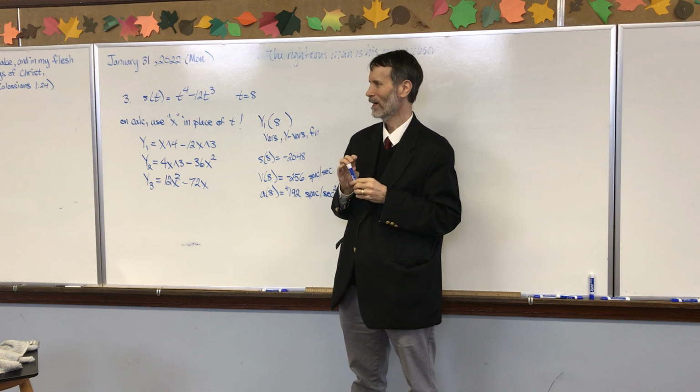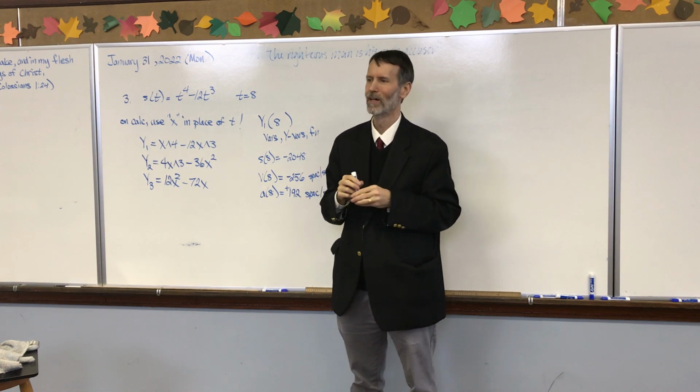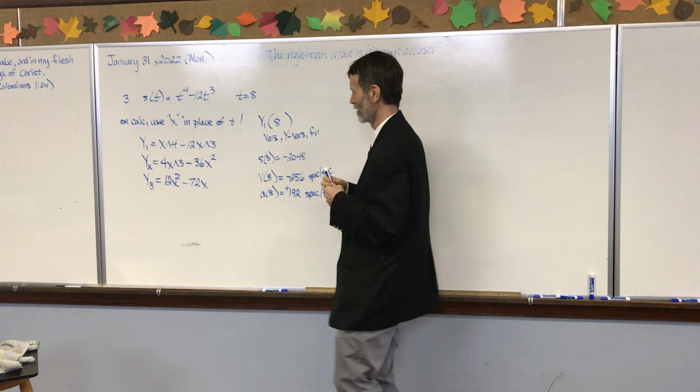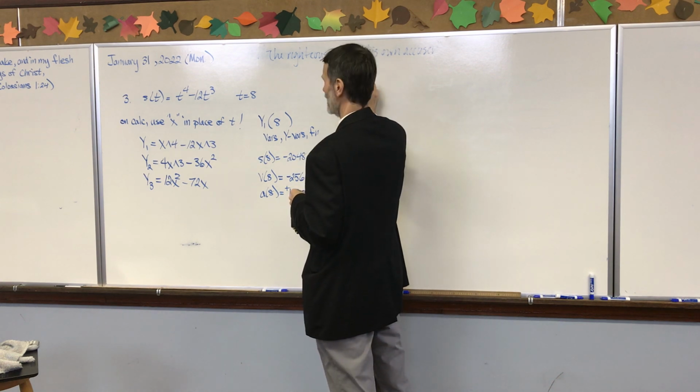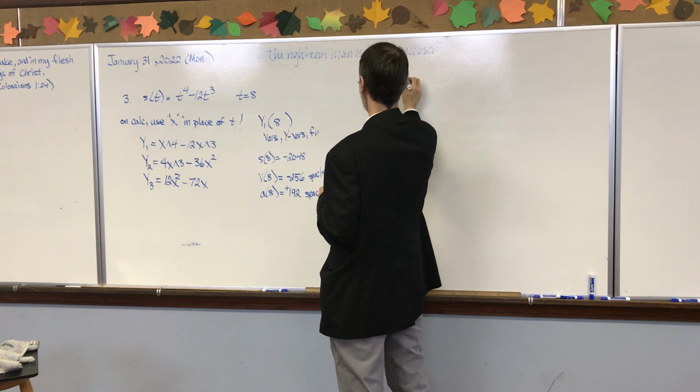How do you find where the first derivative, where the slope is 0? What do you do physically? Here are your formulas. s of t is equal to t to the 4th minus 12t cubed.